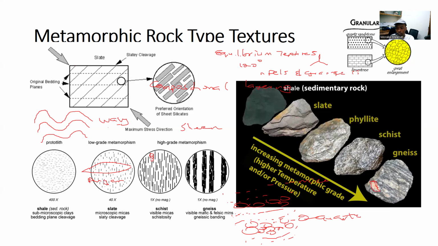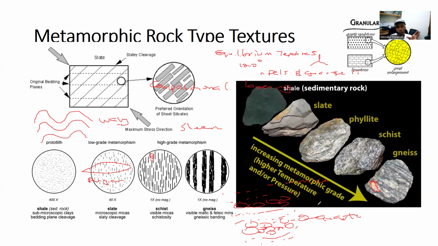This will tell you that during metamorphism, because of the high-grade metamorphism, this would cause the recrystallization of minerals that are within the granite.